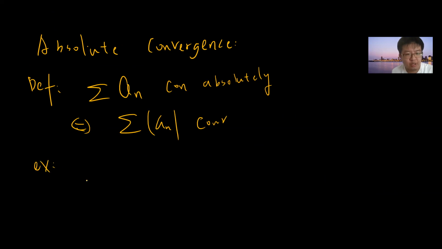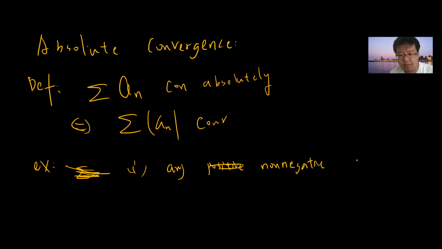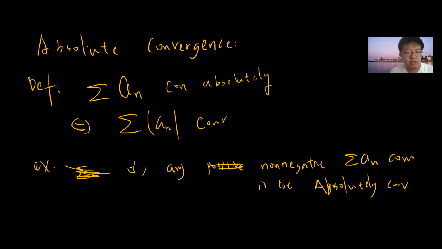Okay, so for example, the first example is that for any non-negative a_n, sigma a_n converging is the same as converging absolutely, because if the original a_n is non-negative, then taking the absolute value changes nothing.